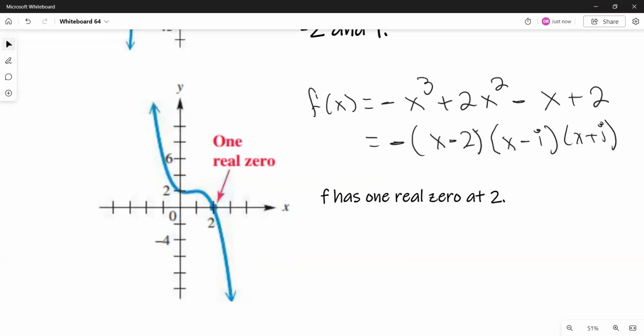In part C, I'm going to copy the graph and write the formula.